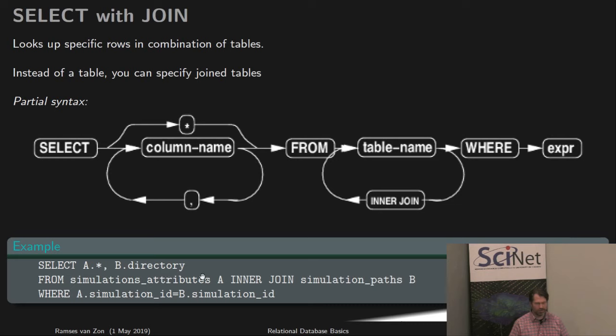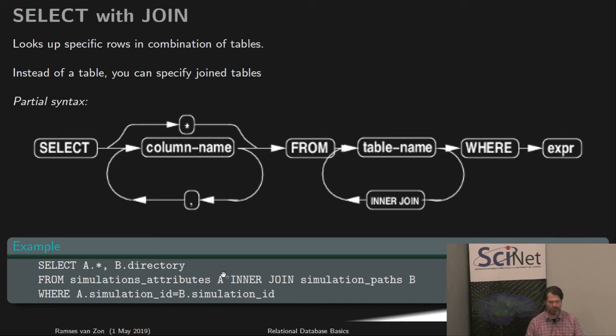Another thing that's kind of nice to join, and I almost always do that, is that you can give an alias to tables. The more tables you have, the longer their names are going to be, and you want to be expressive and say quite specifically what the tables represent, because there's no other way to comment in SQL or in databases. So this is a long simulations attributes, a very long table name.